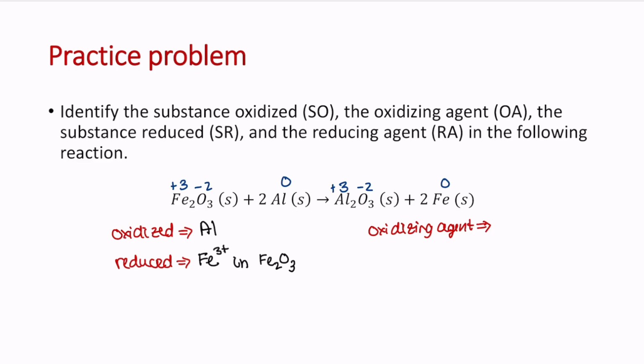So my oxidizing agent is going to be my iron, but it's not just the iron. It has to be that entire compound. So it's going to be my iron 3 oxide. And that means the reducing agent is going to be the solid aluminum.